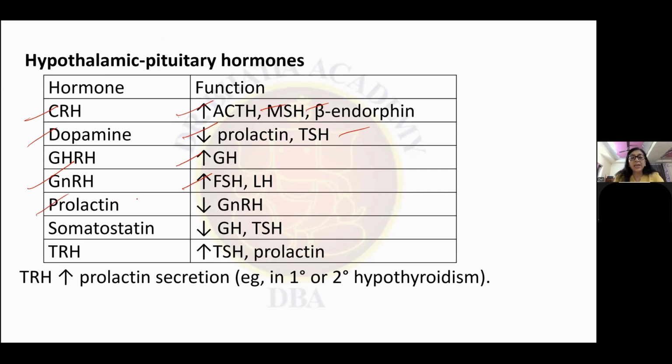Prolactin keeps a negative influence on the GnRH, that is gonadotropin releasing hormone. Somatostatin also inhibits growth hormone and TSH, and TRH stimulates TSH and prolactin. So the TRH rise, as seen in both primary as well as secondary hypothyroidism, is associated with a rise in prolactin.